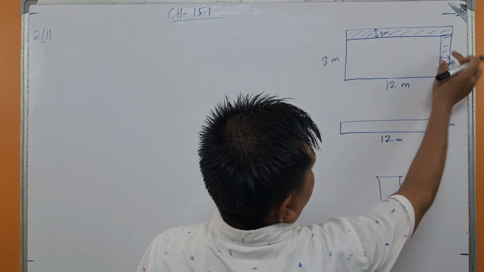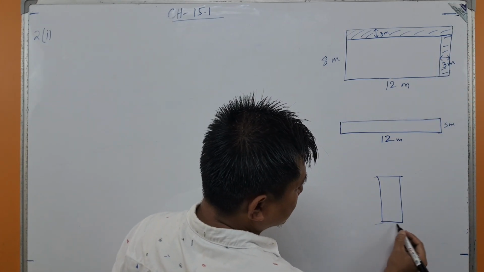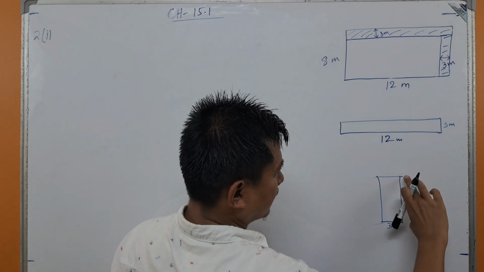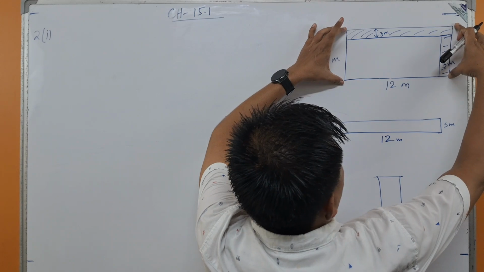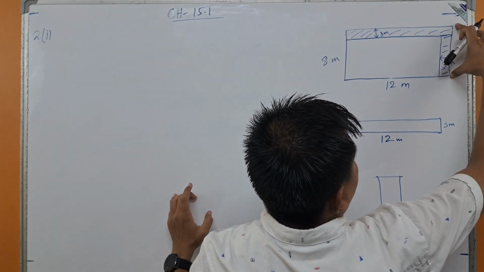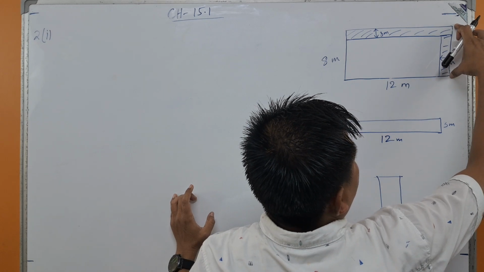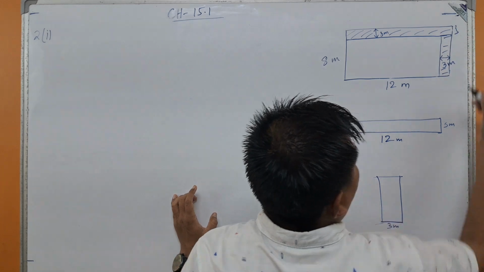This rectangle. Breadth or the width is 3 meter and the total length is 8 meter, isn't it? This 8 meter is equal to this 8 meter. Total is 8 meter, but we have to subtract 3 meter from the top, isn't it? Because this 3 meter is already calculated.